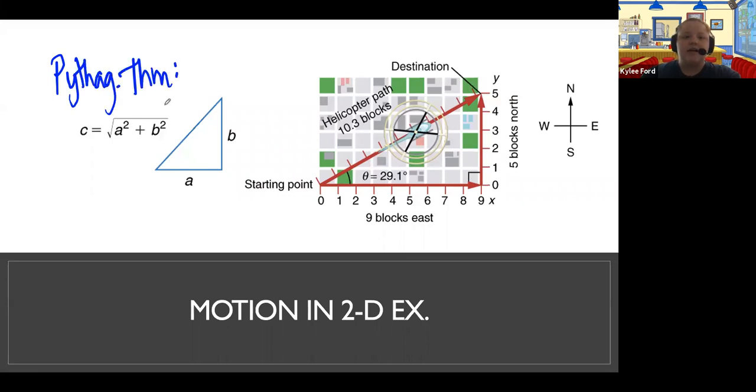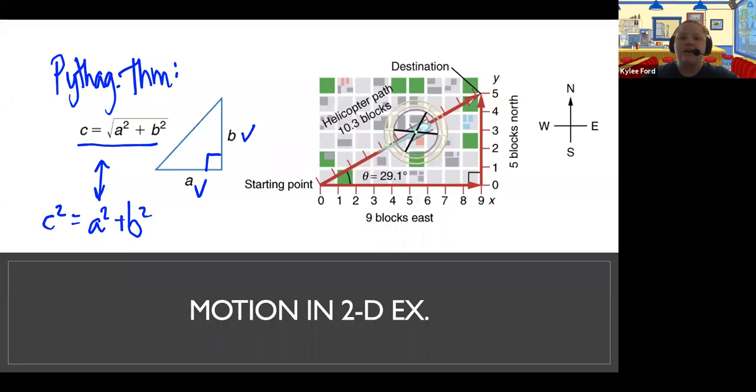That states if we have a right triangle like this, we can calculate all the sides. If we have, say, one side here, A, and we have B, we know those, we can calculate that third side through this equation. You might know it better as C squared equals A squared plus B squared. Same thing. Just wanted to remind you guys of that.